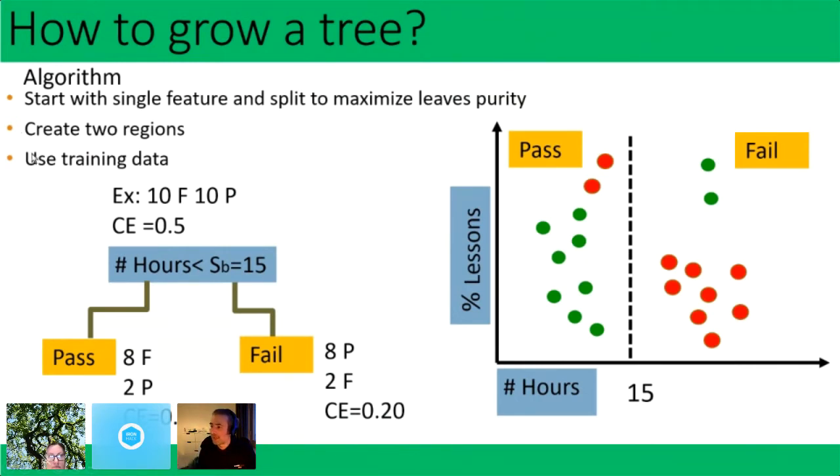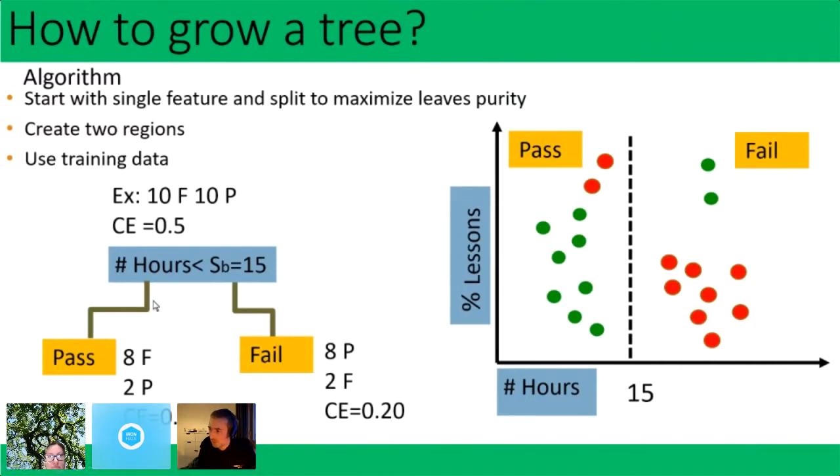For example, in this case, it creates two regions, and they are not perfect, you see. The one on the left corresponds to pass, as it is a majority of green, so it means that most of the time it is correct, and here on the right it's mostly red, so fail, and it's mostly correct.